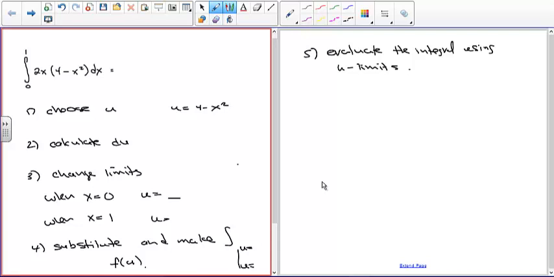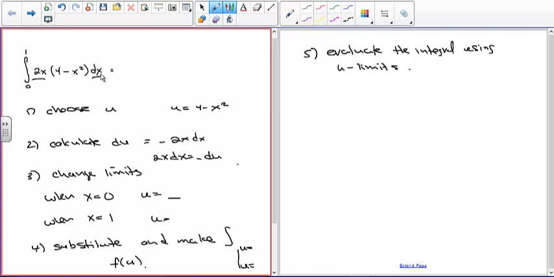Yeah, so remember that du here is going to be equal to negative 2x dx. You're replacing 2x dx, not negative 2x dx. So when you make the substitution here, you're going to say 2x dx equals negative du.